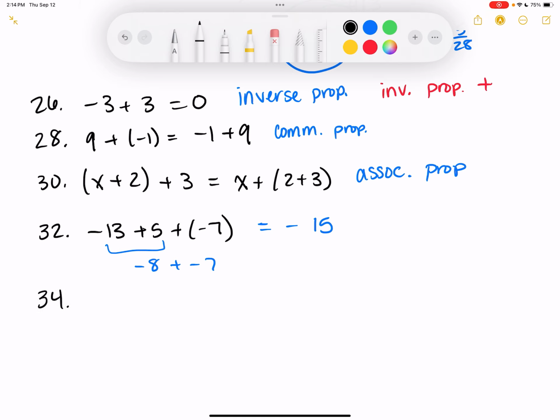34. 0.47 plus -1.8 plus -3.8. Jonathan, you got this one. I'll take it.